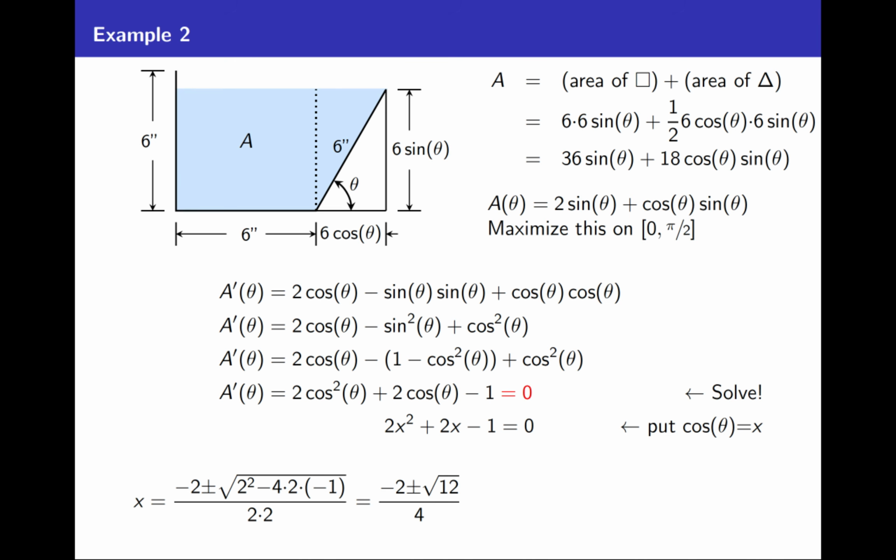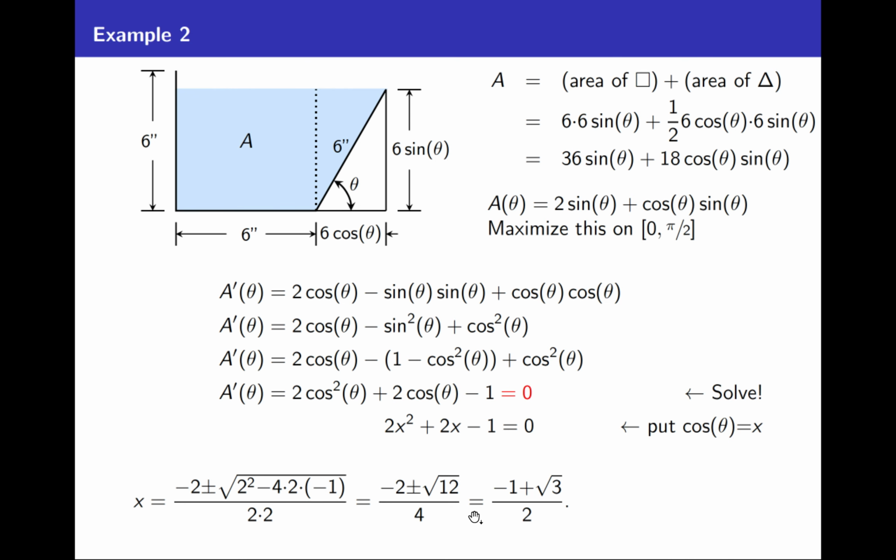Now, in this problem, x is equal to cosine theta, and theta is between 0 and pi over 2, so cosine theta is going to be positive, so x is going to be positive. The negative square root here would give you a negative, so we're going to have to use the positive square root to keep x positive.